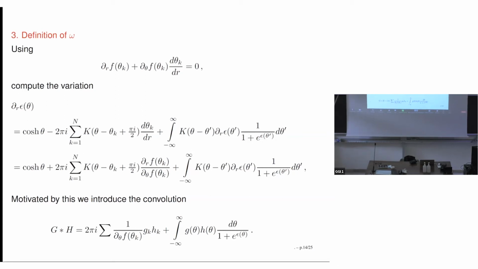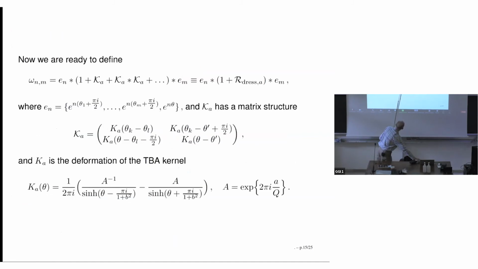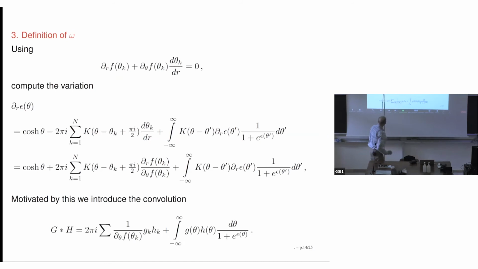This motivates the introduction of a convolution between any two functions of two variables. So let me see. It's below, I suppose. I don't have functions of two variables, but a kind of continuous spectrum and discrete spectrum for theta 1, theta n.